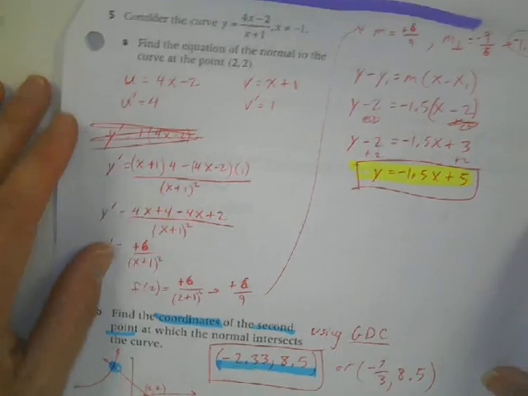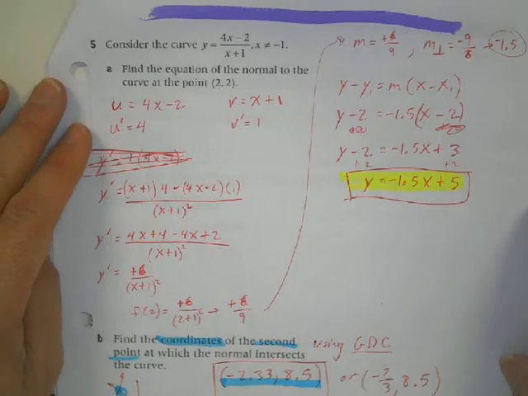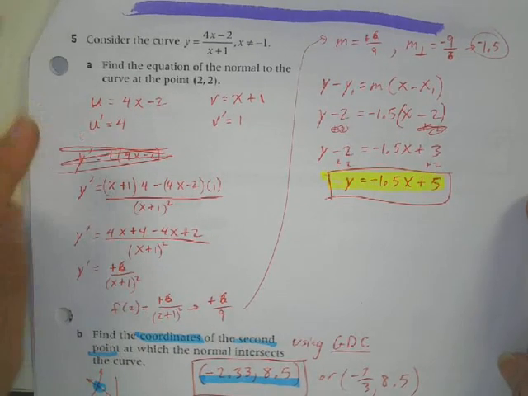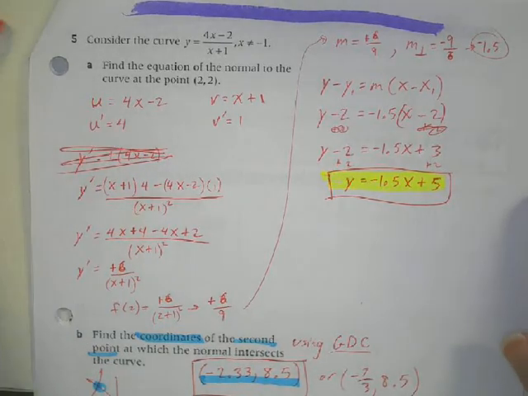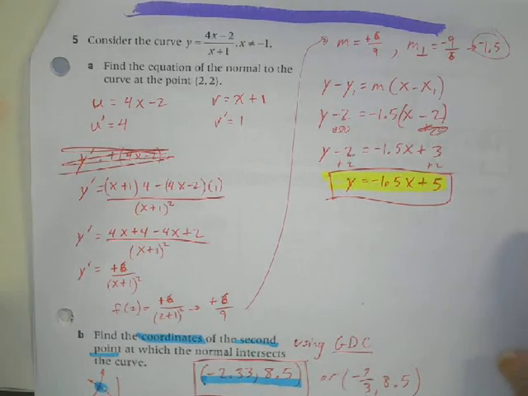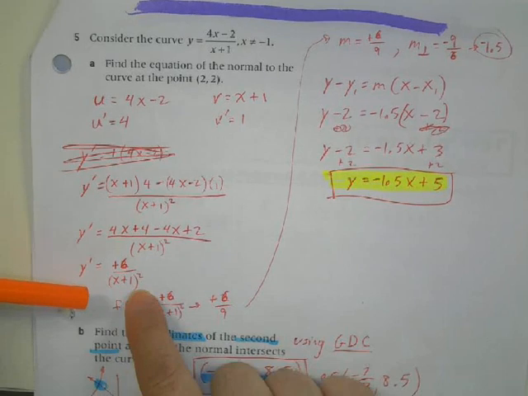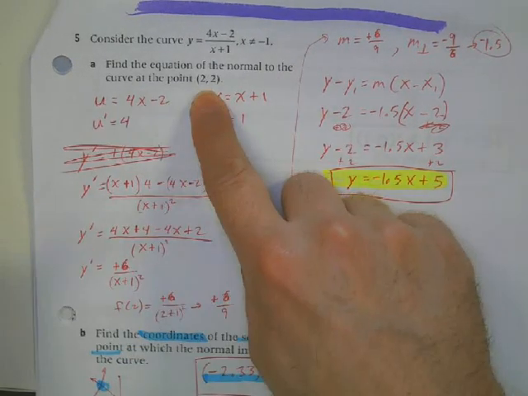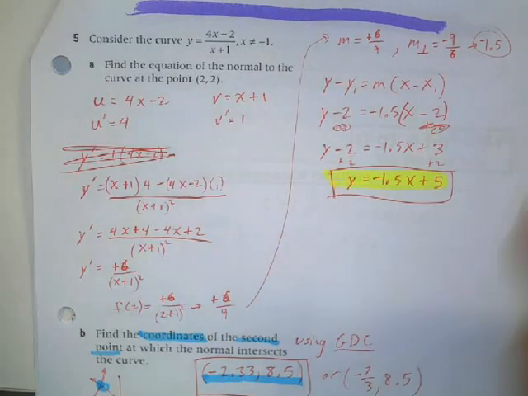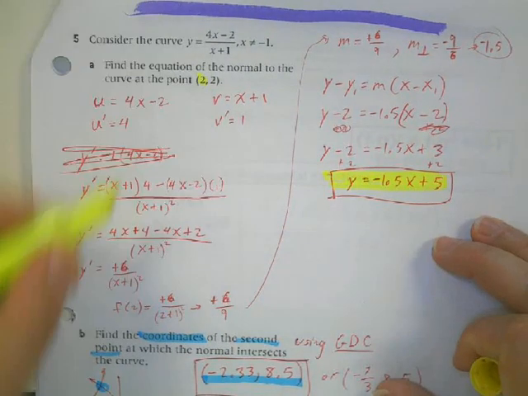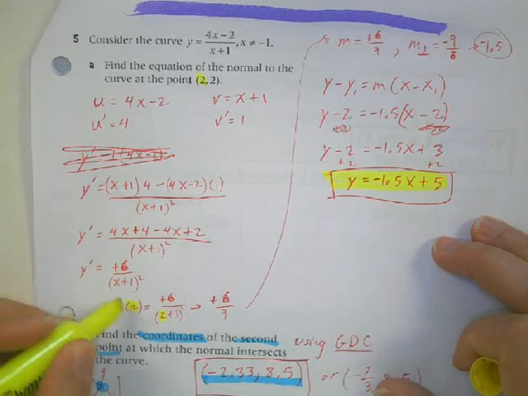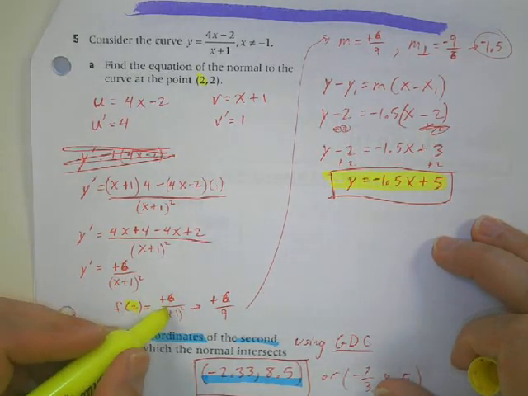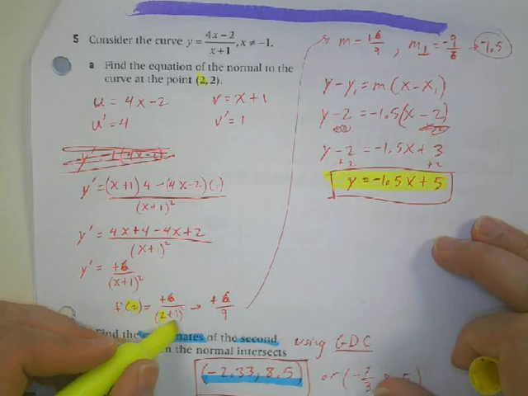Let's do question 5. Same sort of thing. Find the equation of the normal. So step 1, we found the derivative, and this is the derivative, and then we've got this point 2, so we're going to plug 2 in place of x for our derivative, and then we end up with 6 over 2 plus 3 is 9, 9 squared, which is this.